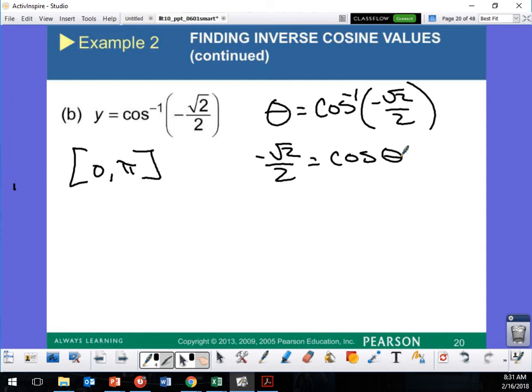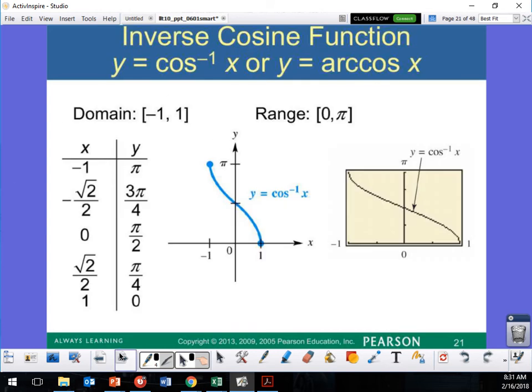So where is cosine equal to negative radical 2 over 2 in the interval from here to here? 3 pi over 4. That's quadrant 2, isn't it? Yes. So this is quadrant 1 and quadrant 2. Easy? When does the hard part come in?